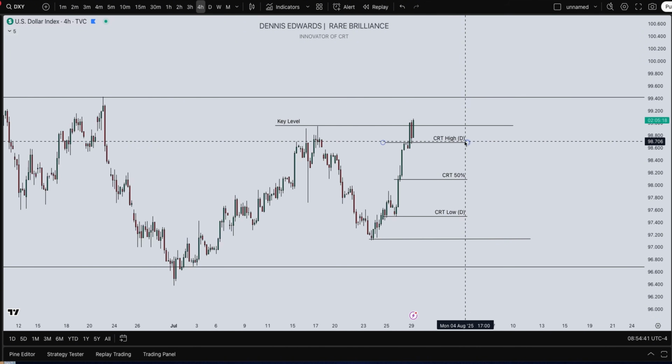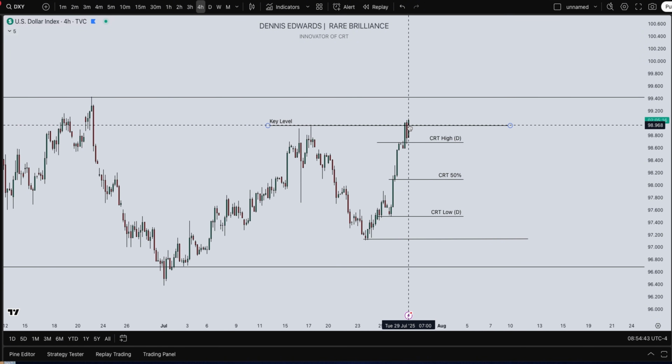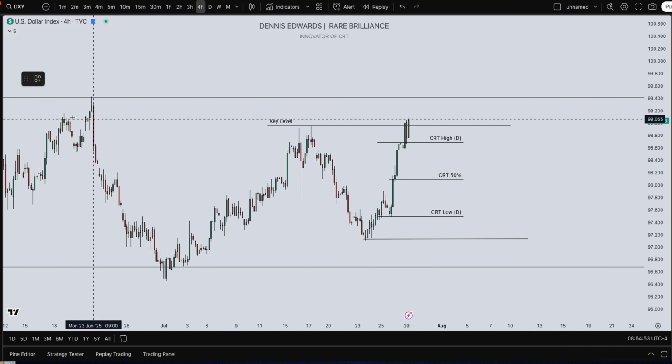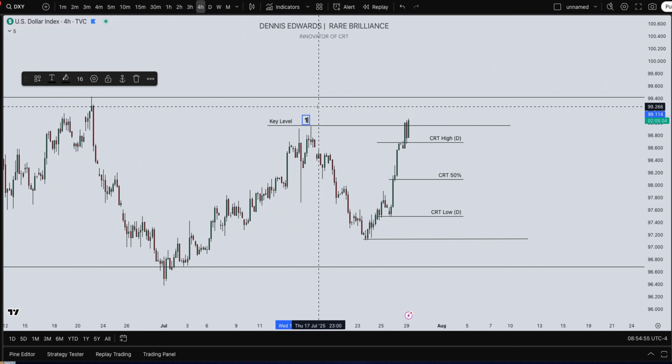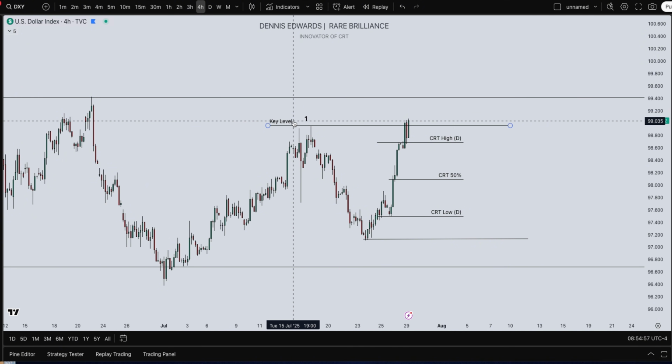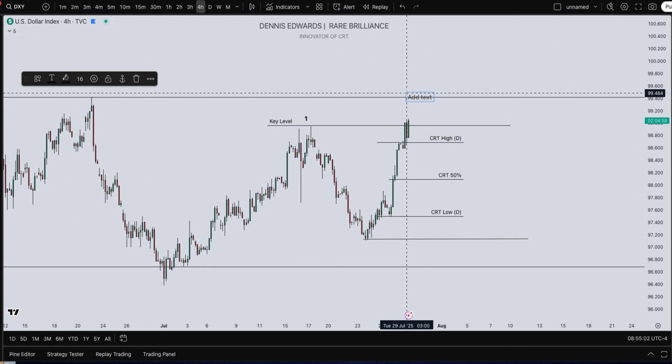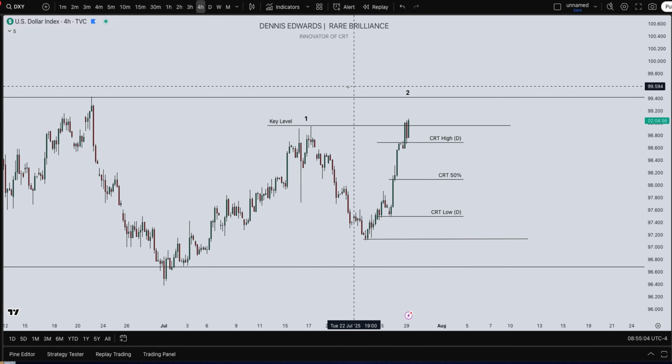But if this directional pressure actually shows rejection, what we could possibly be entering is a very new price sequence of accumulation, manipulation, distribution. So what I mean is possibly this area could be acting as simply the accumulation. We could have the manipulation happening somewhere within this area.